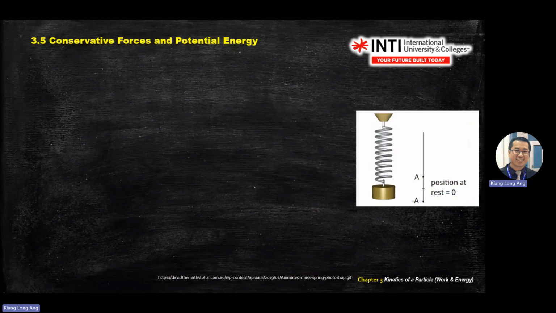Now we go to conservative forces and potential energy. We're going to work on P already, potential energy. So what do we mean by potential energy? For potential energy, we need to refer to a location. So how do you define location? You need a datum.